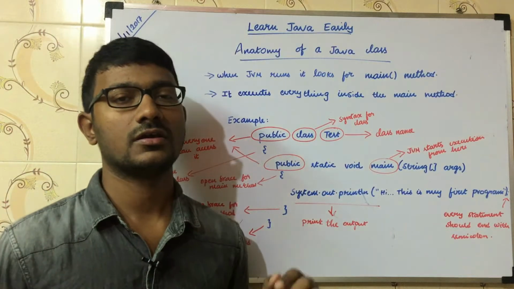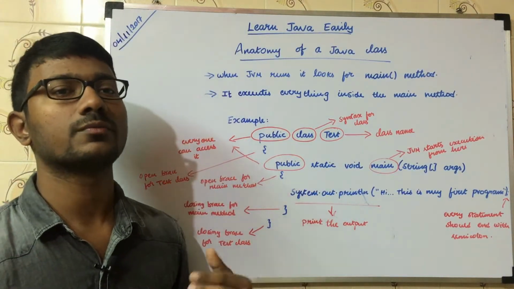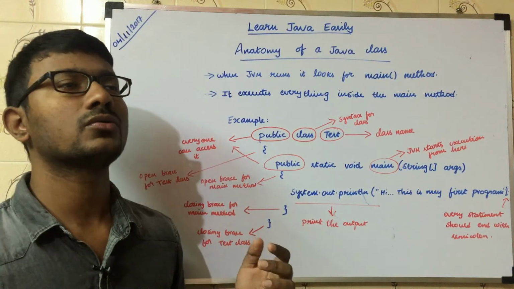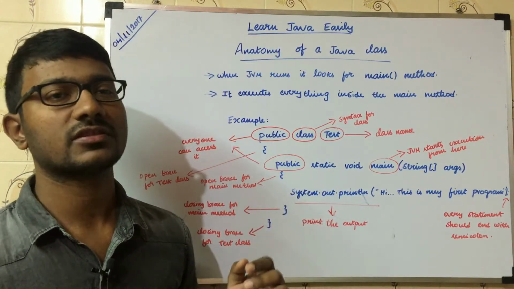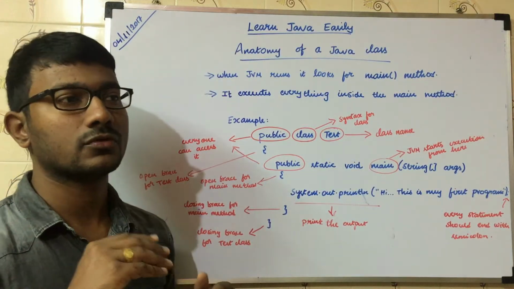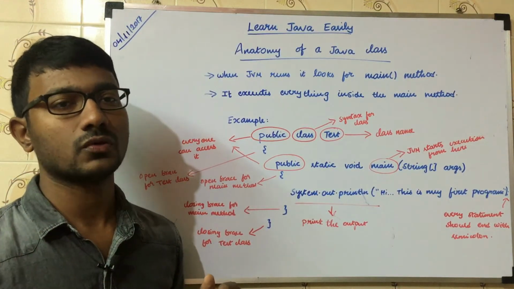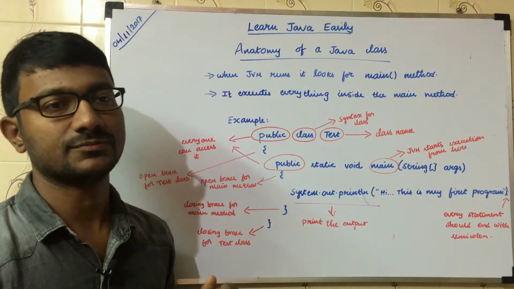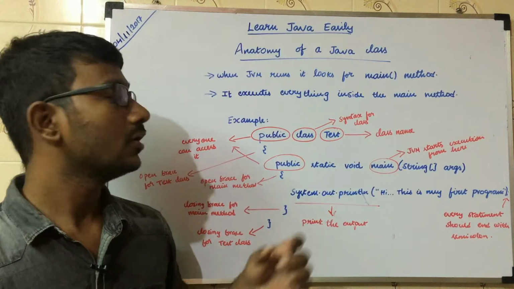Static. If I talk about static now, you would have many doubts created. So I will talk about static in the upcoming videos. Why return type? For example, if you are going to a bank and depositing 10,000 rupees, the cashier would give you a receipt. That's the written content for you.